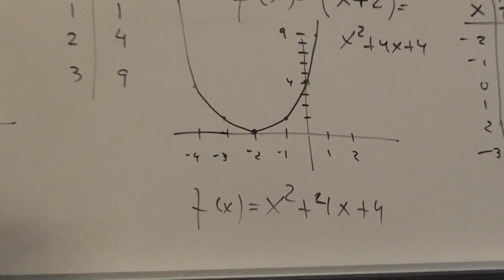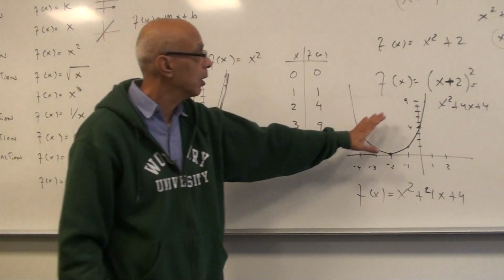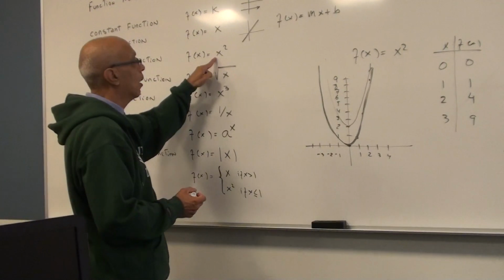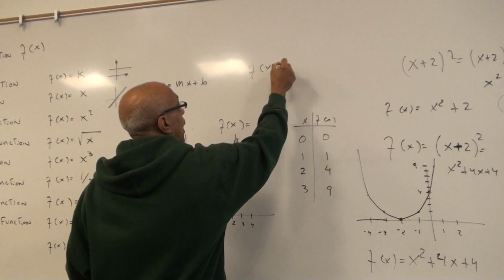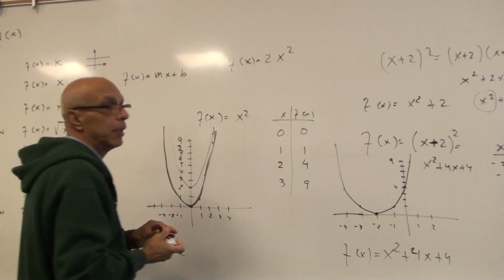So that's how a quadratic function looks like, right? It's going to be a parabola. Now, if I now increase f of x, let's say I put a constant in front of it, what do you think is going to happen?